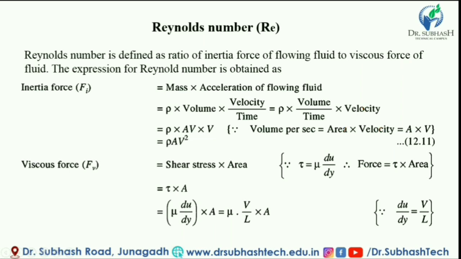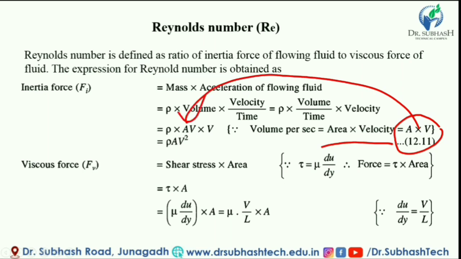So put the value of discharge, instead of volume per unit time, we can write area into velocity, A into V. Density as it is, velocity is V, and volume per unit time is the flow rate, whose equation is area into velocity.